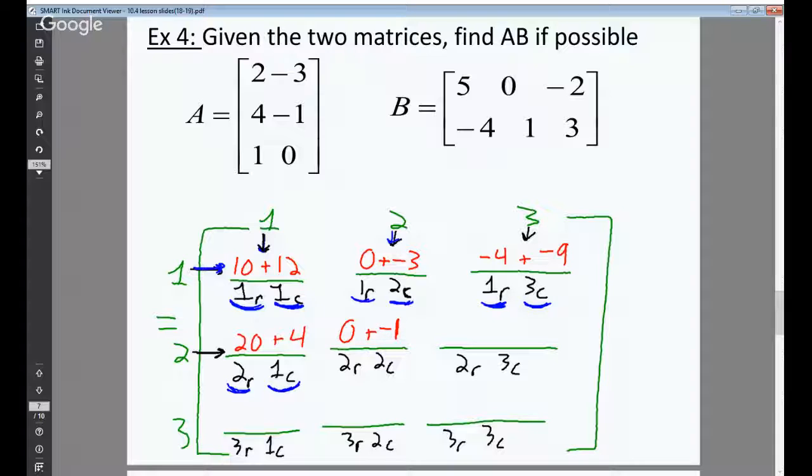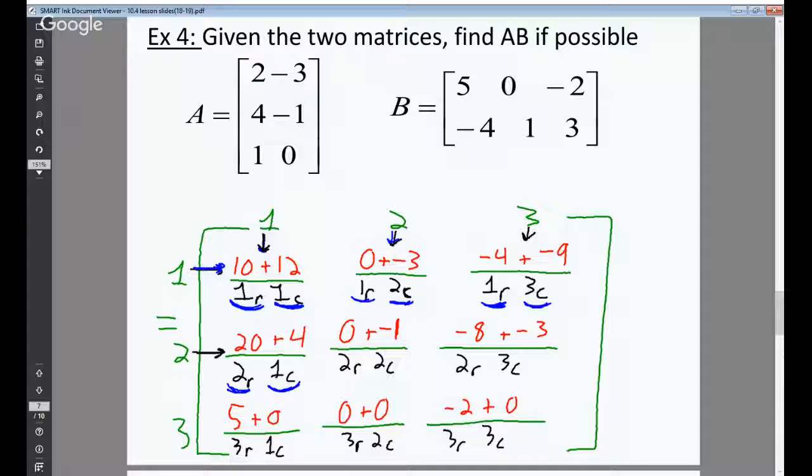And then second row, third column would give you -8 and -3 to add together. And then third row, first column, you multiply those, you'll get 5 and 0 to add together. Third row, second column, that will get you 0 and 0 to add together. And third row, third column, that'll get you -2 and 0 to add together.